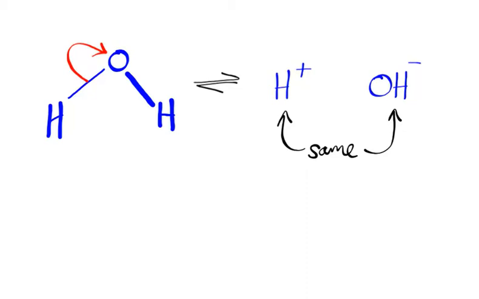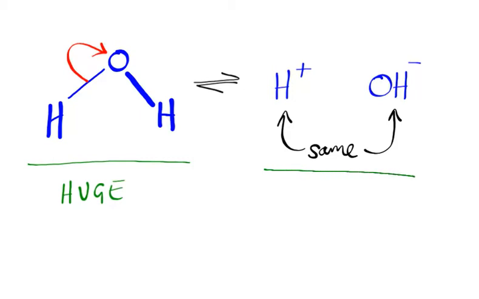But just for pure water, to put things in perspective, it doesn't happen an awful lot. So the amount of water that we've got left at equilibrium is huge, and the amount of hydrogen ions and hydroxide ions, remember they're the same, but they are tiny.